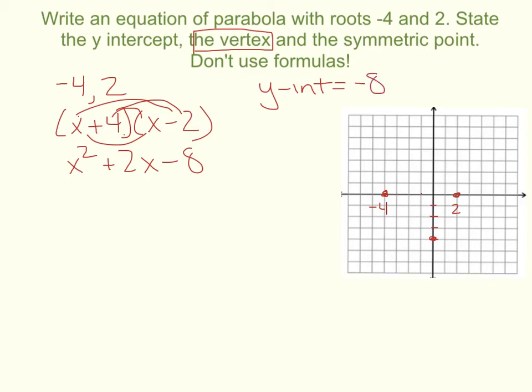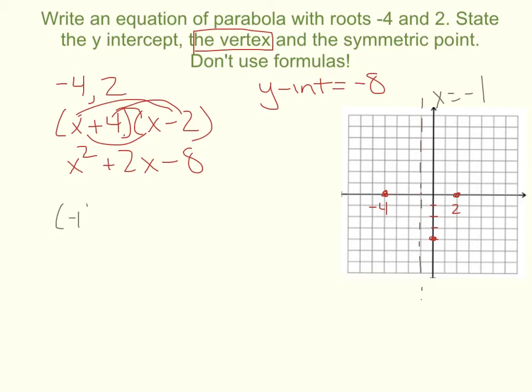For the vertex, let's find our axis of symmetry. What we need to do is say, how far is this? This is 6. So again, we're going to go 3 on either side, which will put us right at -1. So our axis of symmetry is -1, which means that's the x-coordinate of our vertex.